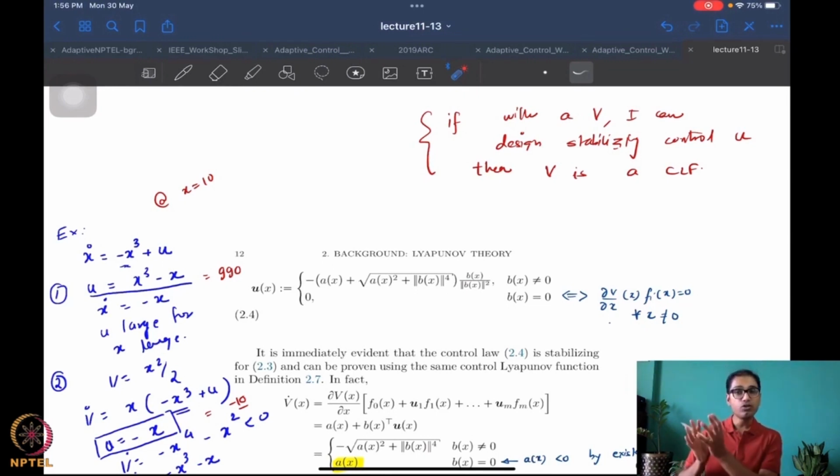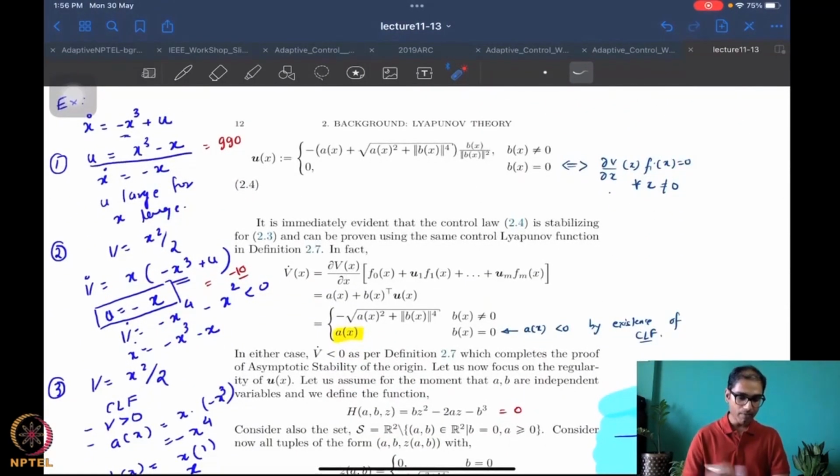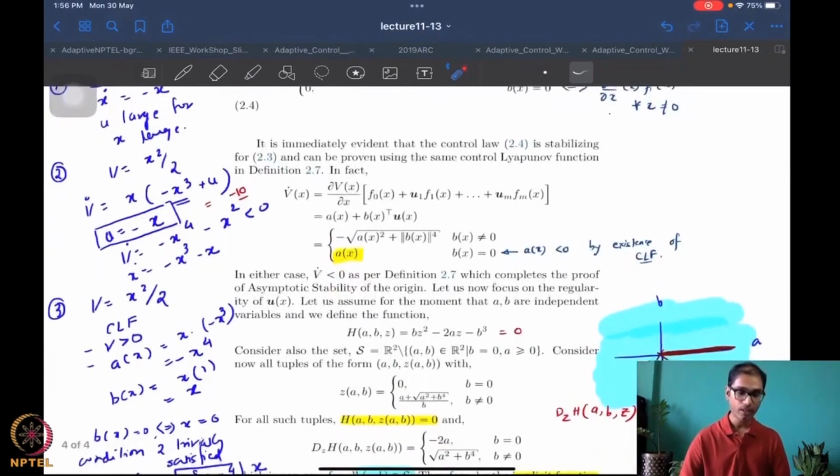So instead of choosing the particular stabilizing controller we chose, for example, with the same x squared by 2, I might have chosen intuitively u equal to minus x as my stabilizing controller, but I need not have. Once I can compute a u, and I know that V is a CLF, I can go back and use the Arnstein-Sontag universal controller.